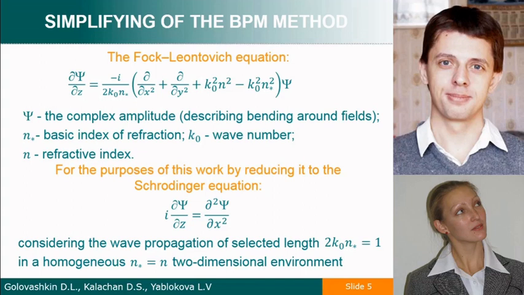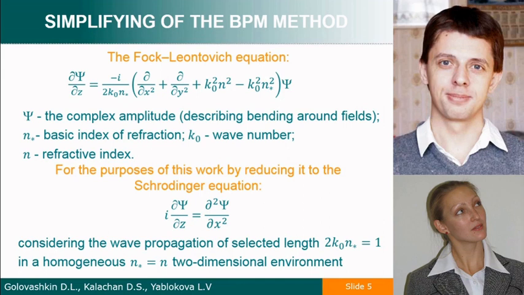The Fock-Leontovich equation, where psi is a complex amplitude describing the beam fields, and n is the refractive index. It is considered that in general the propagation of radiation is similar to that in a homogeneous medium with certain indicators, k the wave number and n the refractive index.